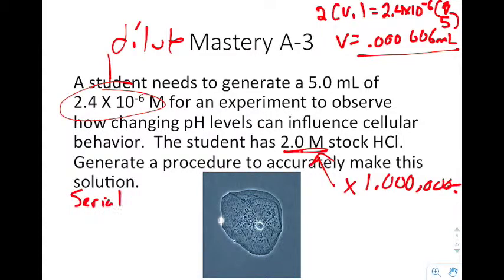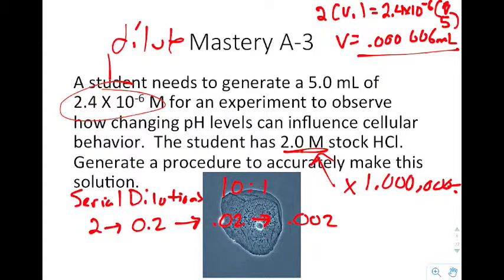Now, serial dilutions are generally done in a 10 to 1 dilution. So in other words, what you would do is you would take 2, and 2 would go to 0.2, and then would go to 0.02, and then would go to 0.002, and so on. But in order to do that, the first thing we need to get to is the 2.4 that we need to be.